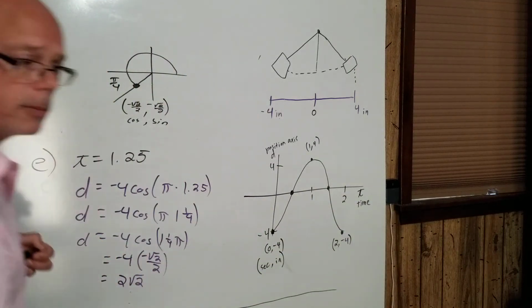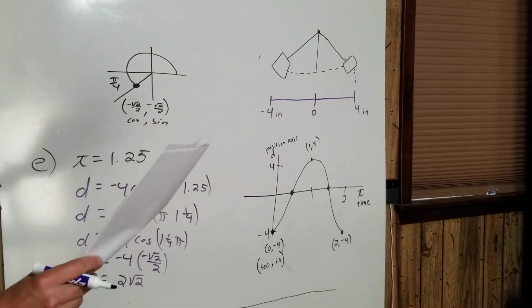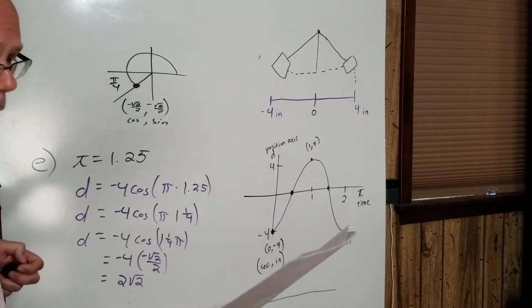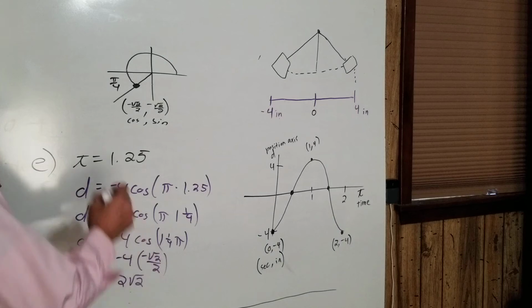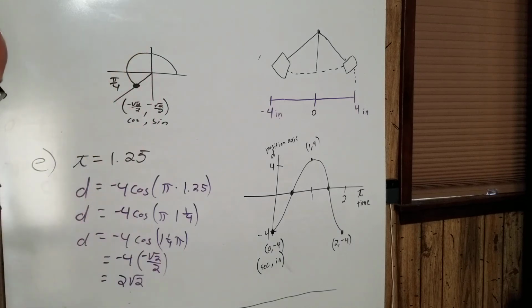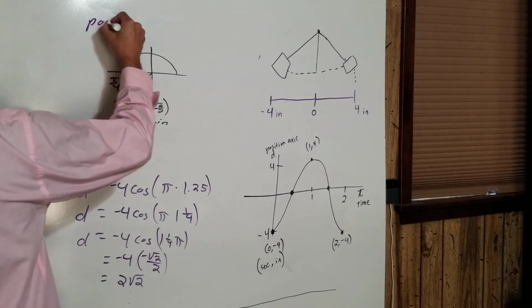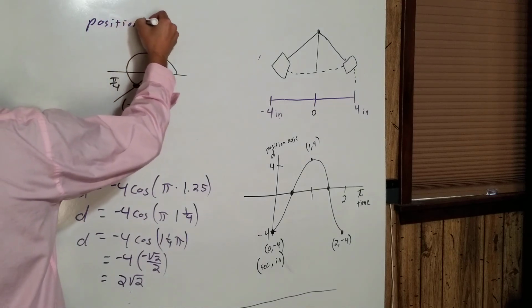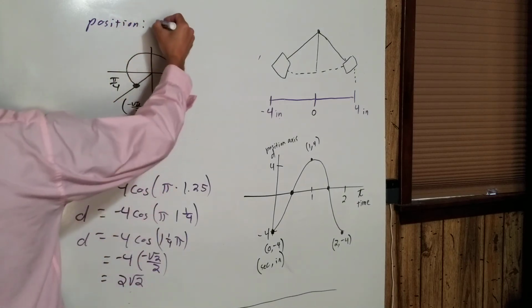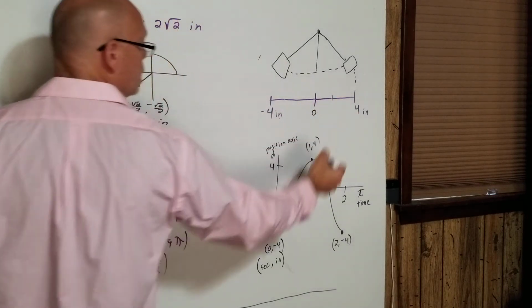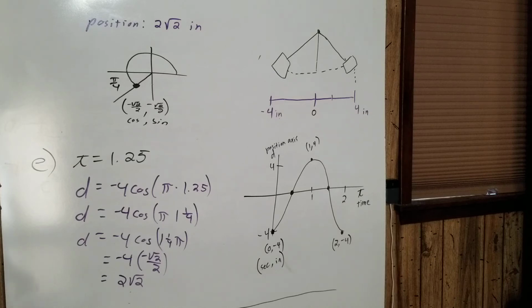So, what is it asking me for exactly in this problem? It's asking me to find the position and direction of movement of the bob at 1.25 seconds. So I'm going to say the position is going to be 2 square roots of 2 inches. So it's going to be somewhere over here. 2 square roots of 2 inches.